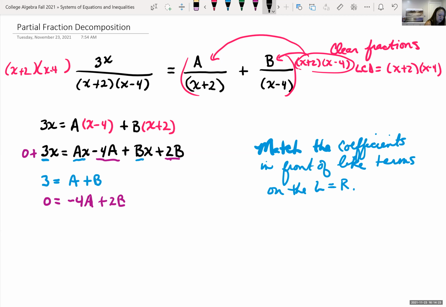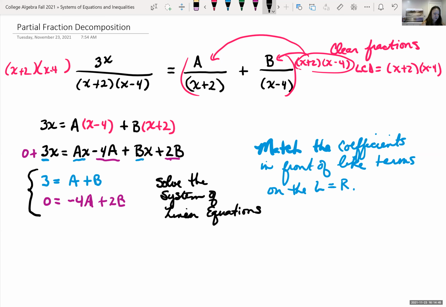So now we have a system of equations. So we want to solve this system of equations. It's your choice what method you want to use. I notice if we use the elimination method, we can multiply by 4 the first equation.